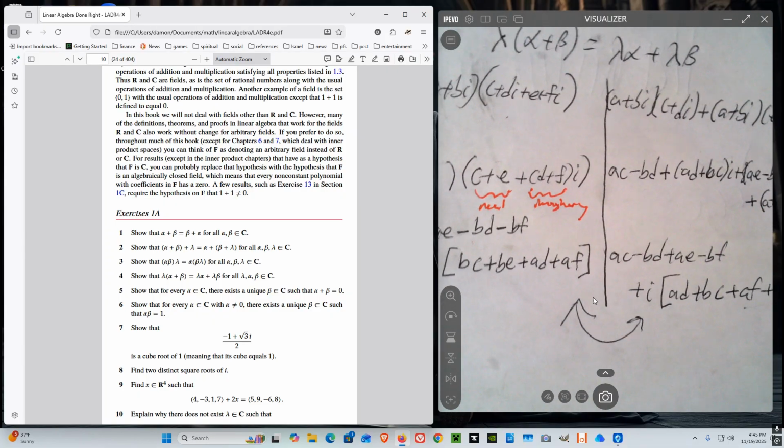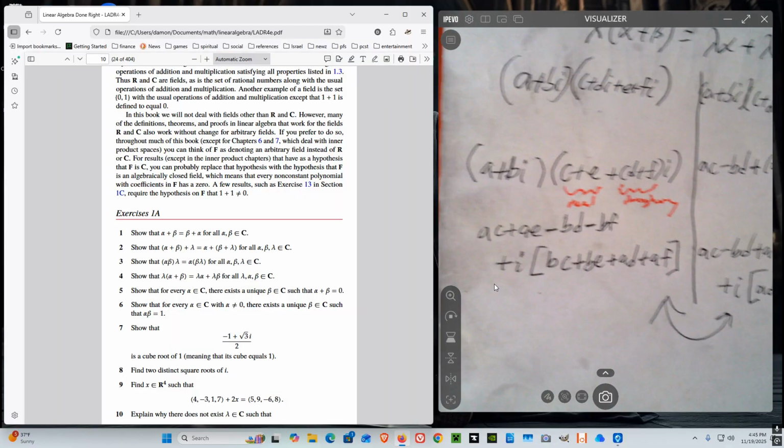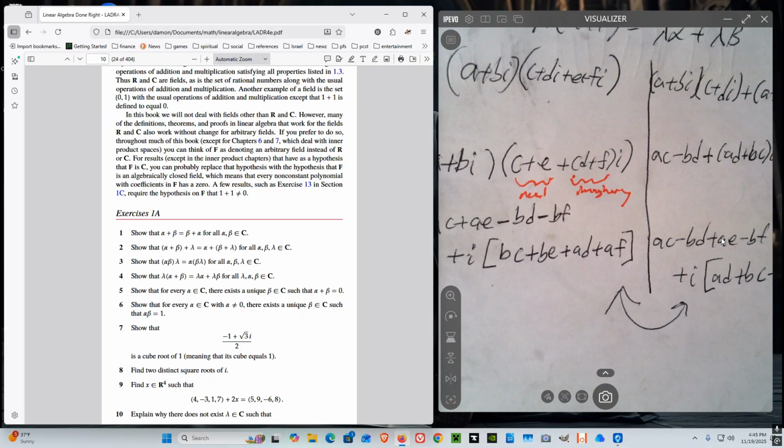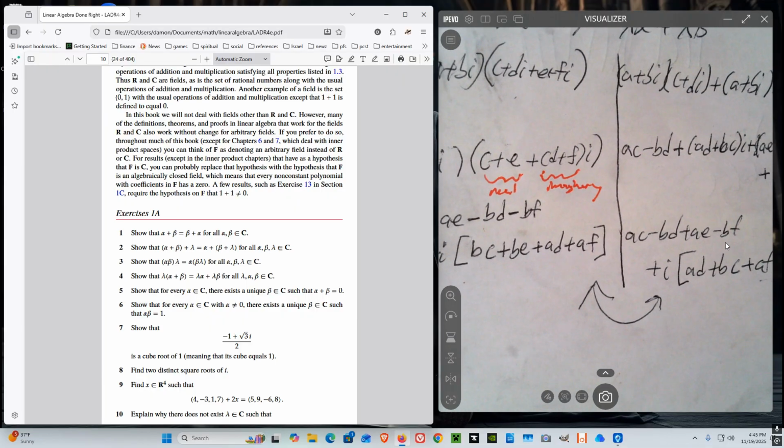Now, to get both these sides equal, I hope they're equal. Let's see, ac, yeah, you see the ac, ae plus ae minus bd and minus bf, for example.